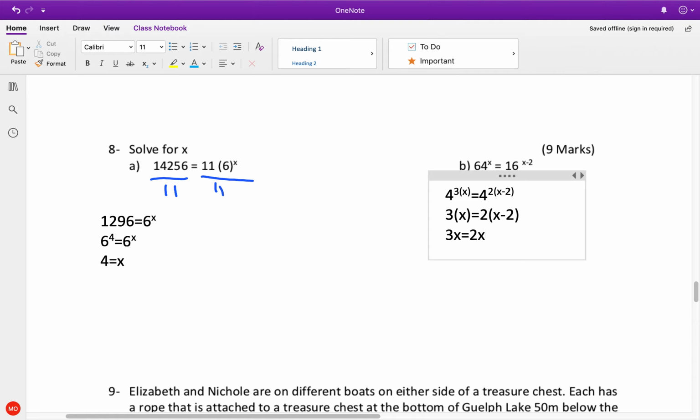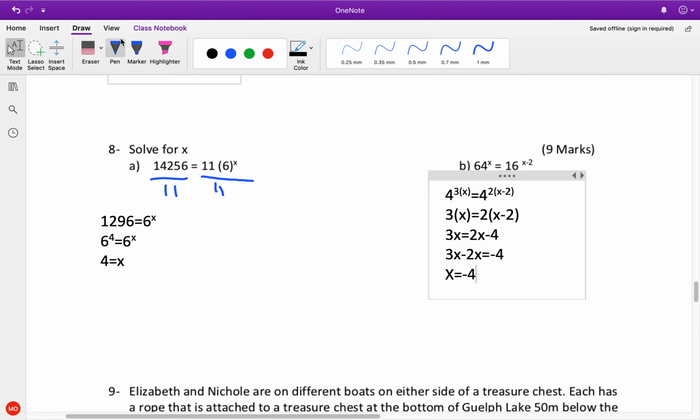And this is where a lot of people got it wrong. They wrote negative 2, but you have to rainbow that into both sides, so it's negative 4. Let's rearrange. Minus 2x equals negative 4, and so x equals negative 4. The key there, which a lot of people got tripped up on, is we didn't rainbow in here and here.